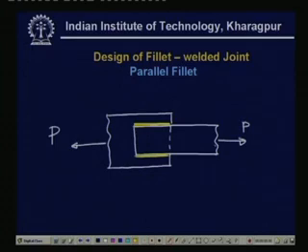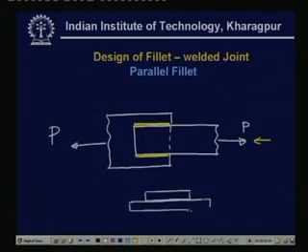If you look from this side, then it looks like there are two plates like this, and then the fillet joint. Now, it carries a load P. So, the P is acting over here and there in two opposite directions. The arrow pointing here means the direction is towards the reader or away from the reader.